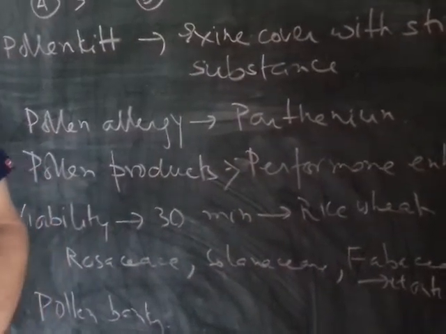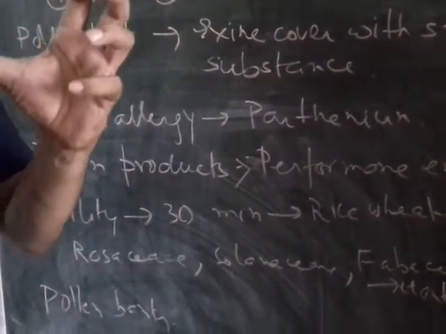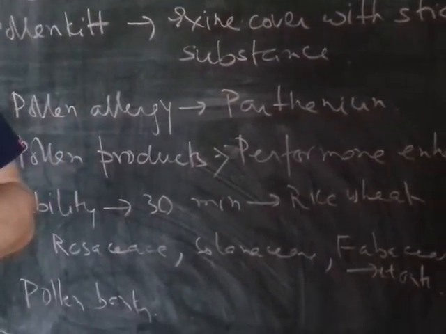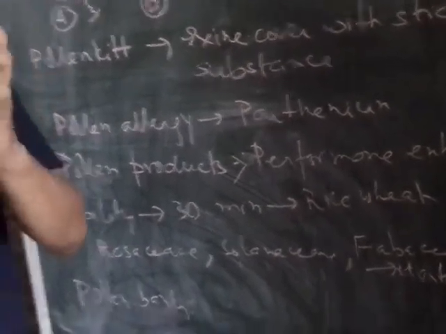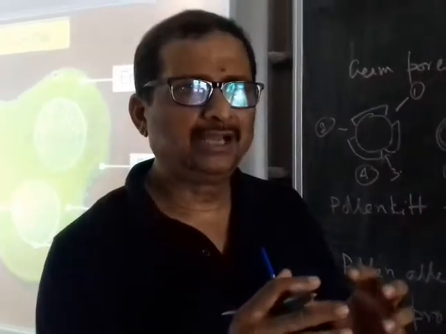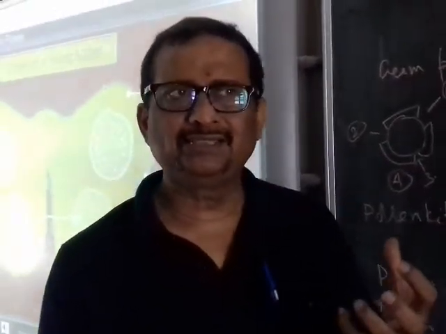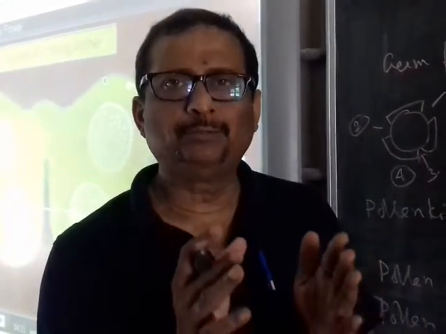This variability of viability has been of great importance, because nowadays some of the rarest plants have their pollen grains stored in liquid nitrogen, say at -193 degrees centigrade, and these are called pollen banks.